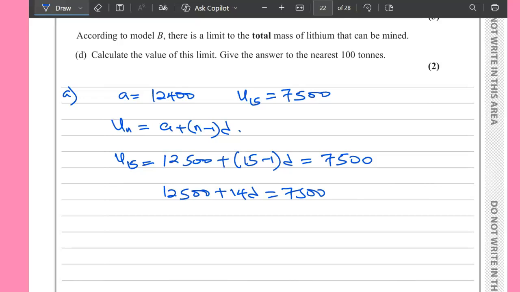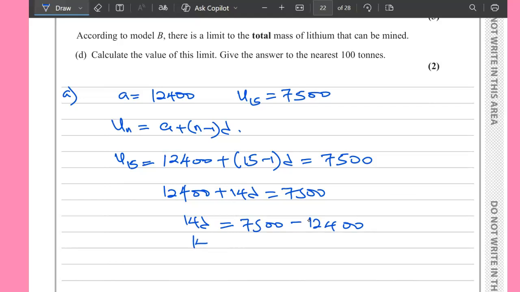Collecting the like terms, we'll have 14d equals the difference here, 7,500 minus 12,400.